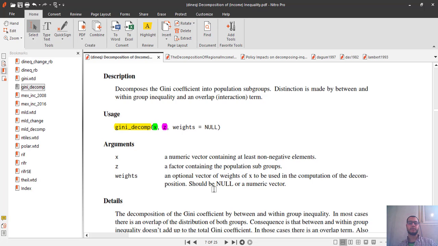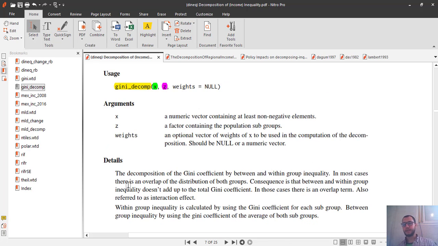And weight is an optional vector of the weights of X to be used in the computation of the decomposition of the Gini coefficient by between and within group inequality. In most cases, there is an overlap of the distribution of both groups.